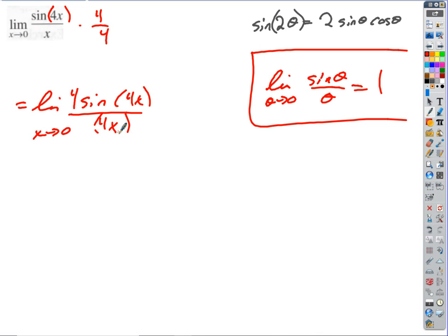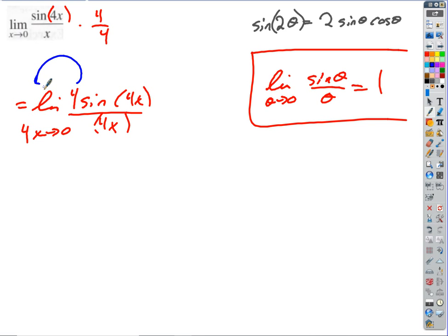How come? You're right. Because 4 times 0 is... Ah, okay, as x approaches 0, what does 4x approach? 0. So I can just do that. Right? I didn't change anything, did I? And then remember this 4 right here. That's a constant, so I could just pull that out in front of the limit to make it look even better, right?